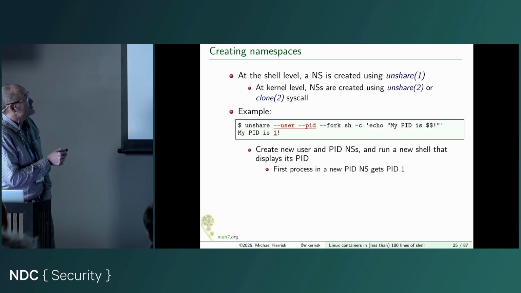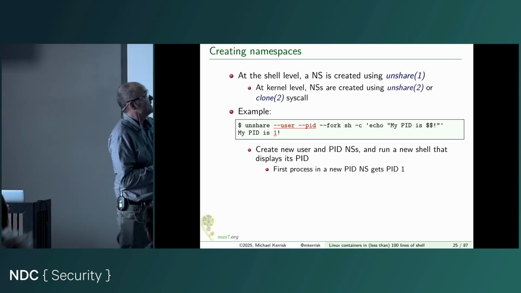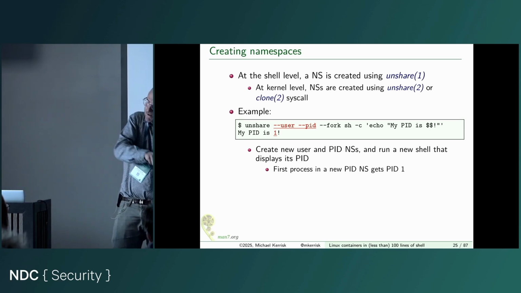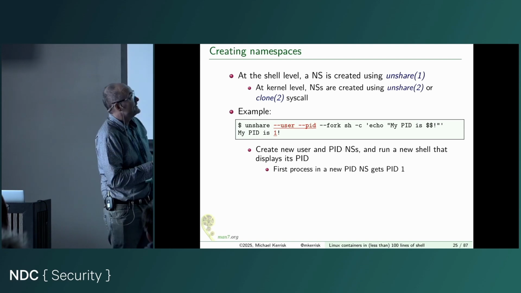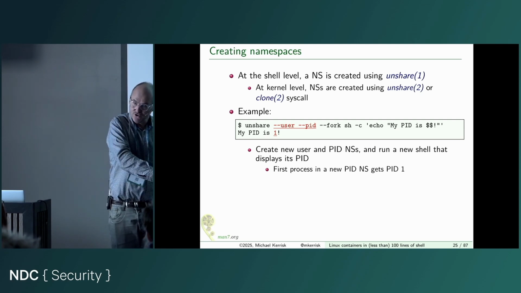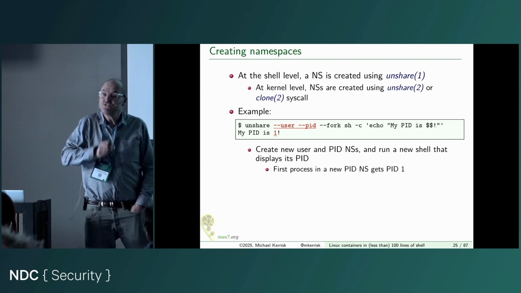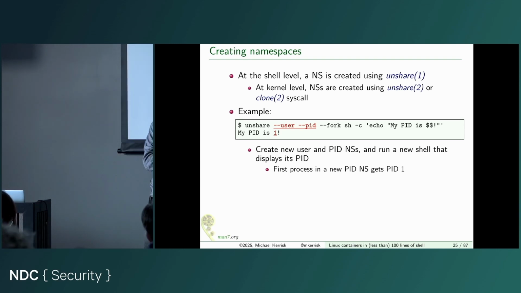Here I'm saying unshare --user, create a user namespace, --pid, create a PID namespace as well, --fork, create a child process, because I want a child process that I'm going to use to execute a command. And then the rest of the line is the command that's going to be executed by that child process.